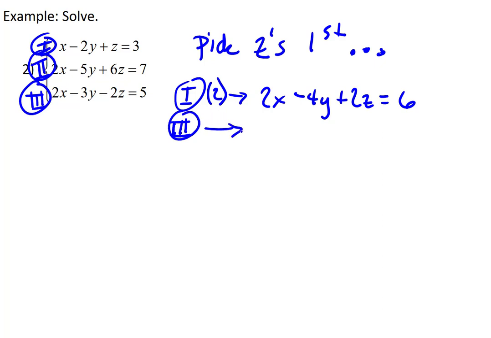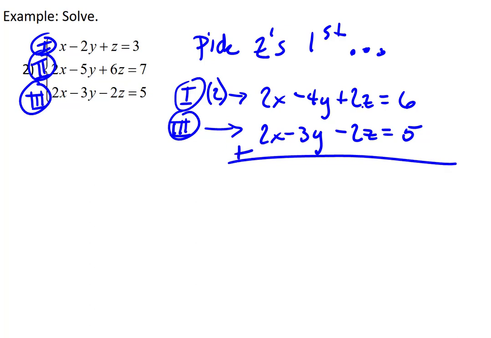So I'm just going to drag that equation in, which is 2x minus 3y minus 2z equals 5. But notice now if I add, these z's would eliminate, giving me 4x and then a minus 7y equals 11, and we'll call that equation A.